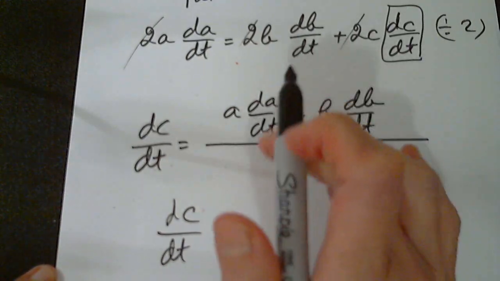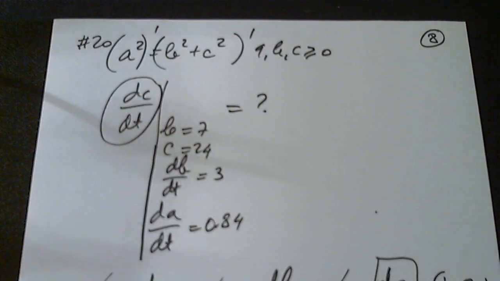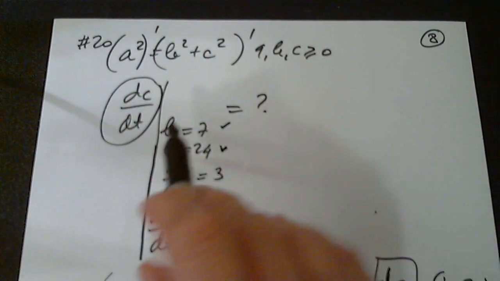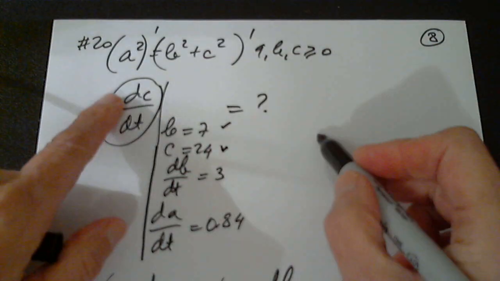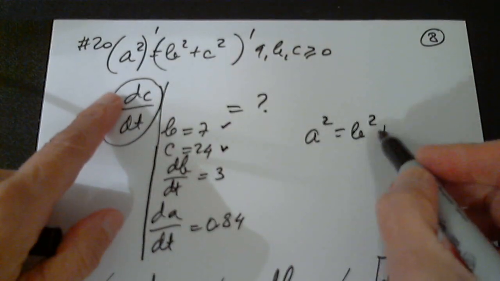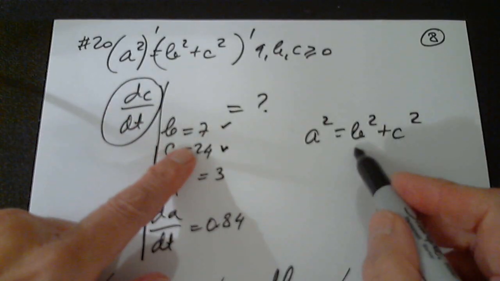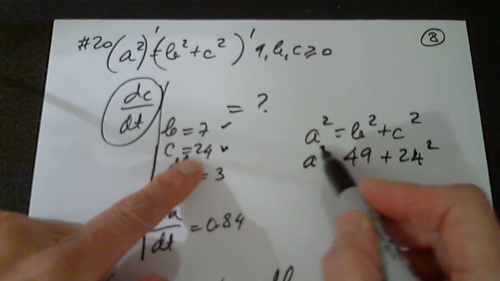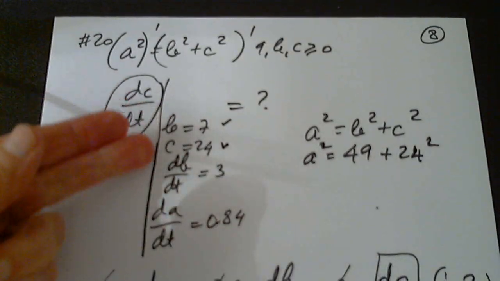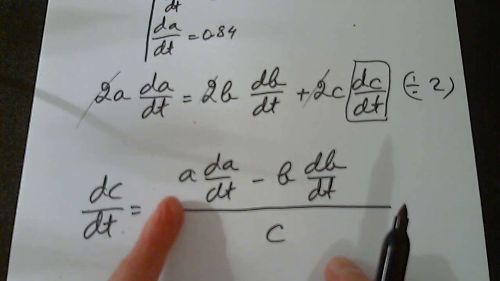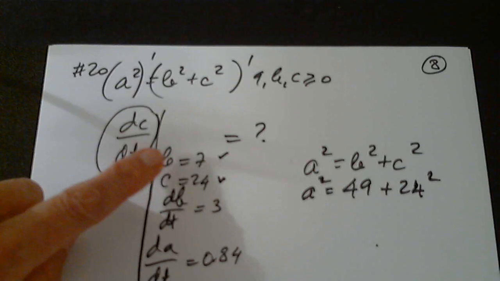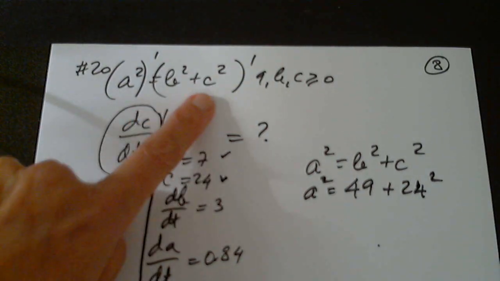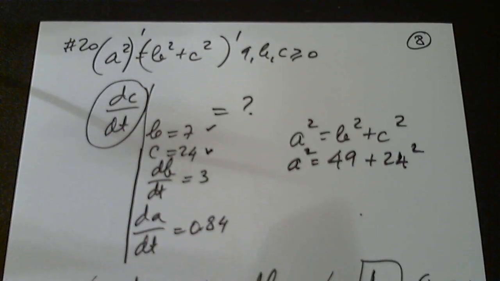Okay, a. We do have b, we do have c, but we don't have a. No worries. a squared equals b squared plus c squared. I have that this is 49, and I have that this is 24 squared. They are trying to trick us. They're not giving us a, but we can find it. They gave us b and c. Once I have b and c, I can determine a. So I have to calculate and take the square root.